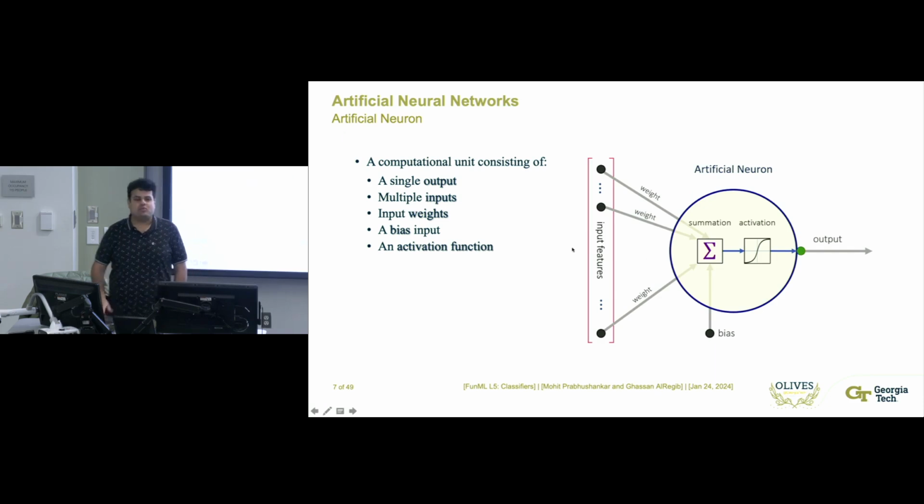Again, the thing that we are most interested in, from a very simple computational point of view, is the idea of what an artificial neuron is. We are defining this entire thing based on a very simple computation: given multiple inputs that come in, my output needs to be a single thing.